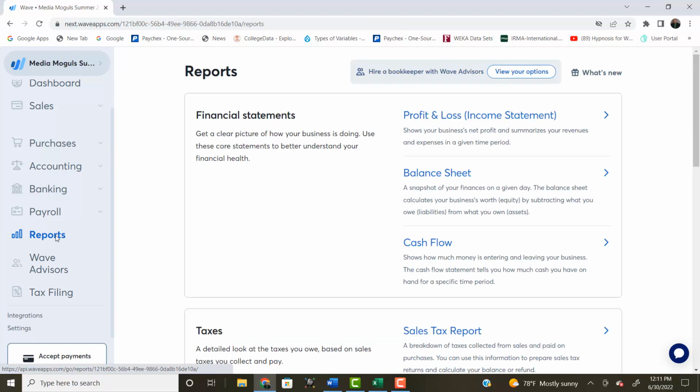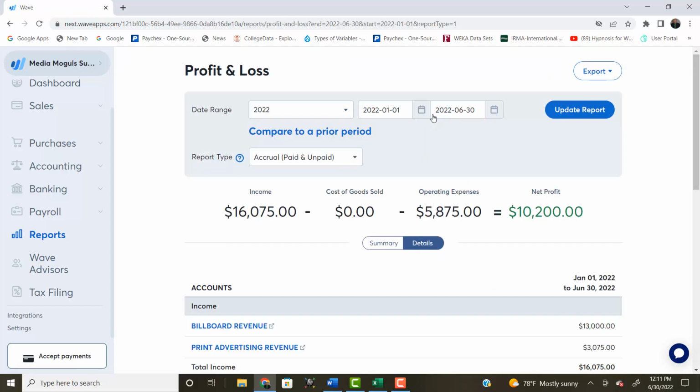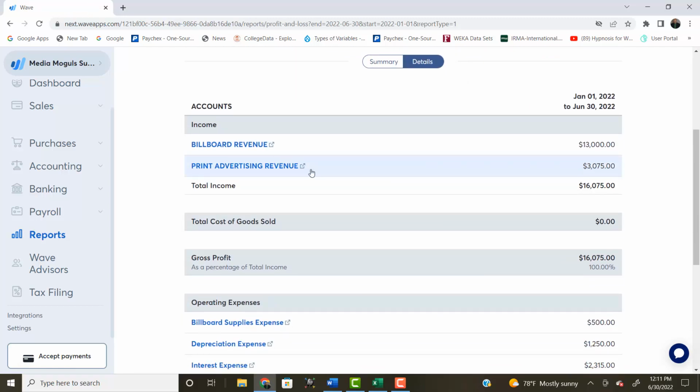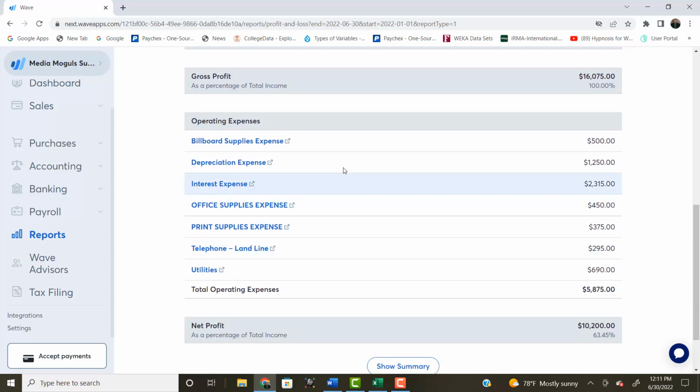Back to reports. Let's take a look at the profit and loss statement. Here are all your revenue accounts. Your print, that's not going to change. So this is the number you're looking for. When all's said and done, you're looking for total income of 16,075. Now, what will change are these operating expenses.